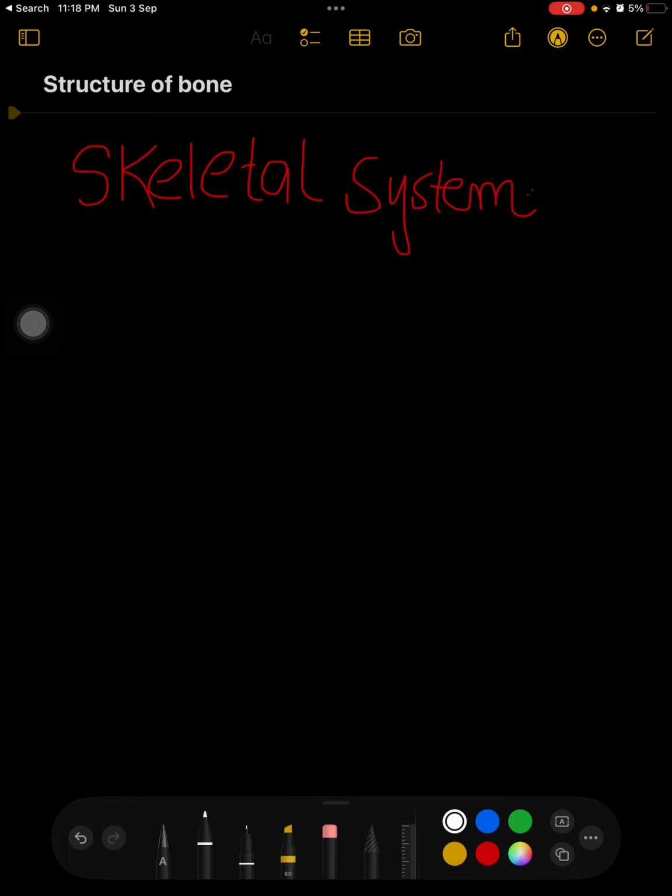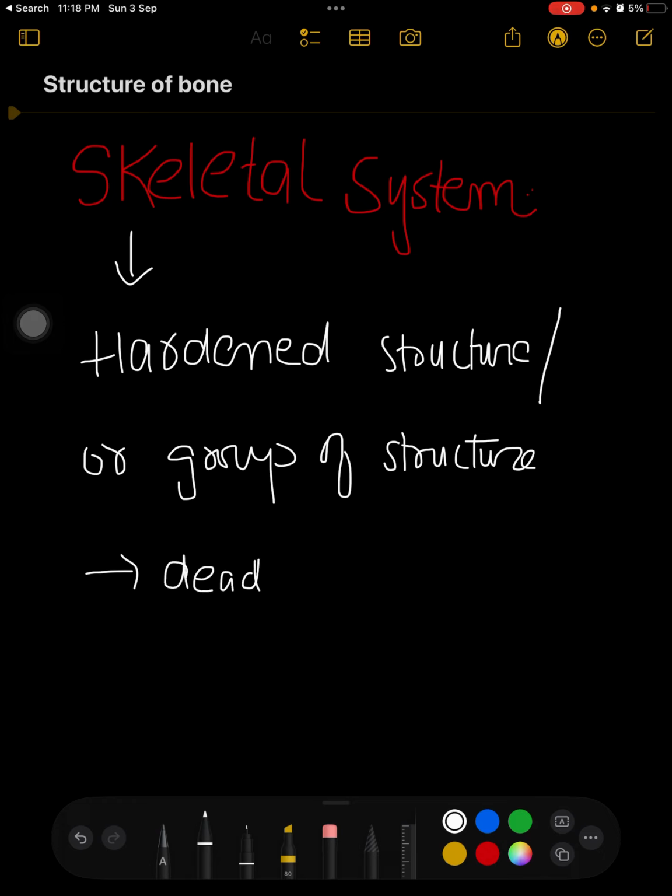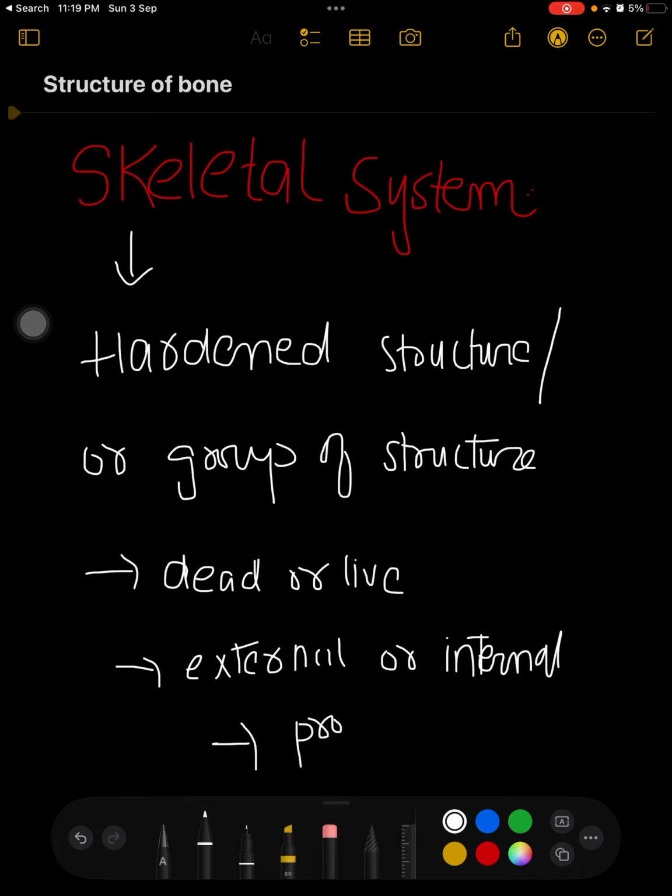So the skeletal system is basically a hardened group of structures that is either dead or live, external or internal, and which is used to basically protect and give shape and maintain the shape of our body, right?